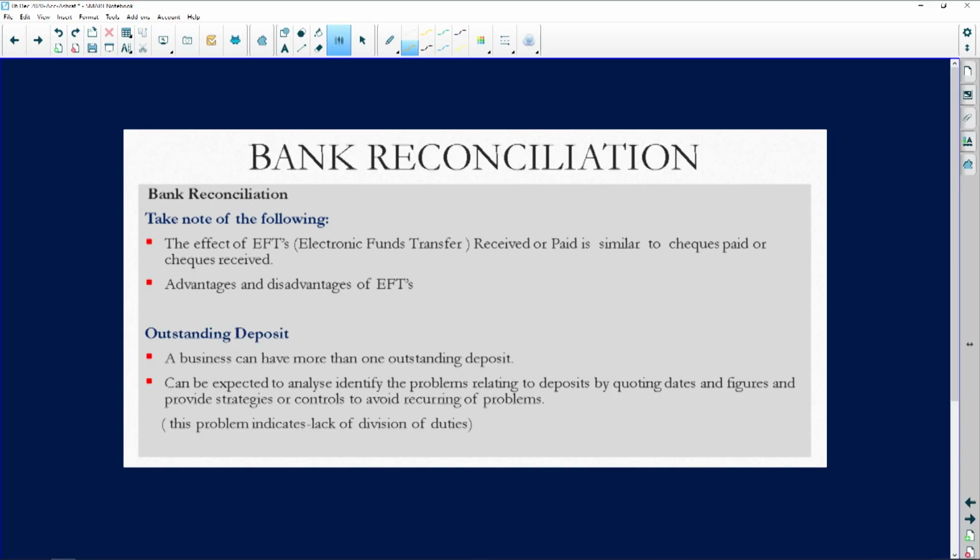Okay. So now, when you are doing a bank reconciliation statement, notice with the new trends in accounting, you're going to find that you have EFTs. And once again, what are your EFTs? These are electronic funds transfers. They are almost identical to the writing out of checks.